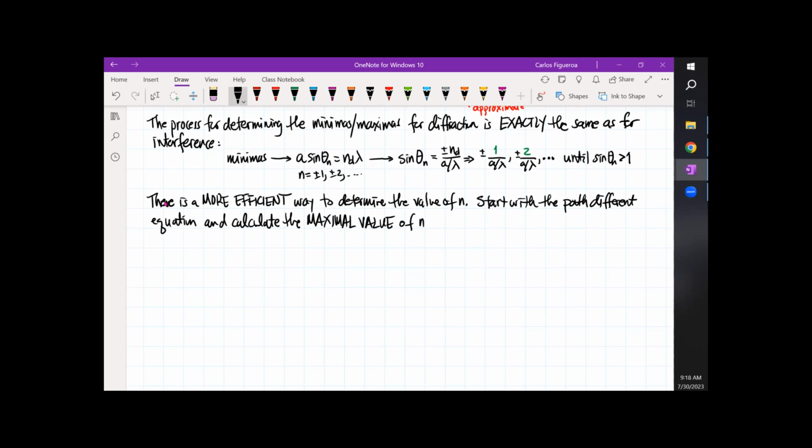So we set the sine of theta. We know that its max value has to be +1, and then we just substitute it. So if that's maximal, then n is maximal times lambda. So what you're seeing here is that n max, which is a over lambda, is exactly the diffraction parameter.